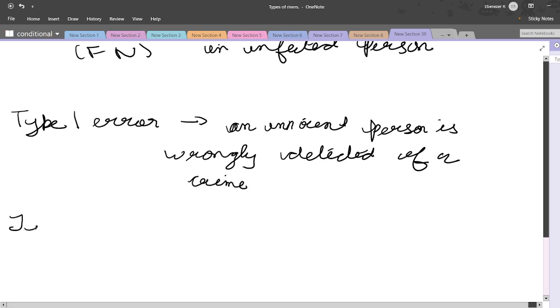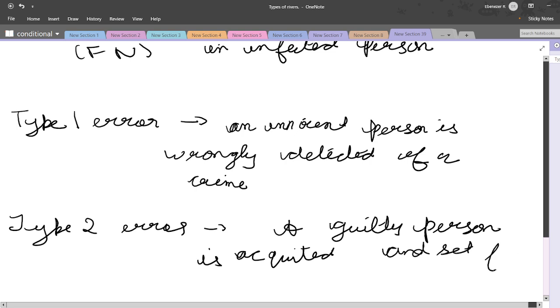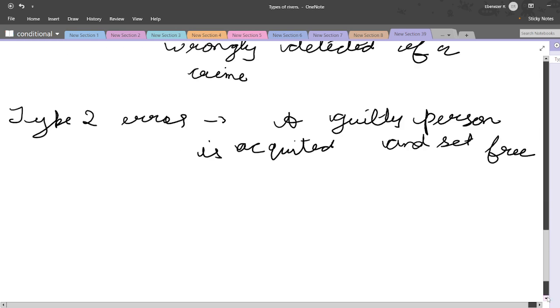And type 2 error: a guilty person is acquitted and set free.